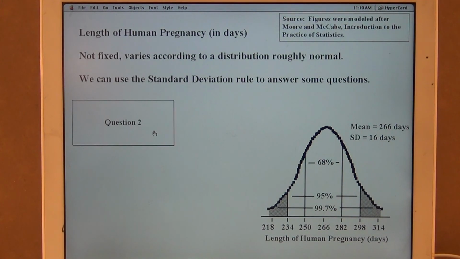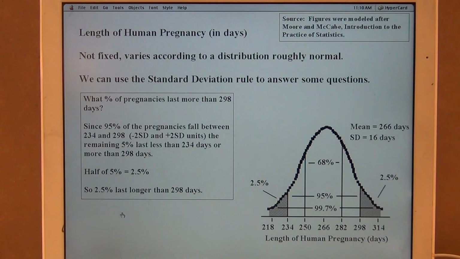Next question. What percent of pregnancies last more than 298 days? Okay, well, 298 days is 2 standard deviations above the mean. And we know that 95% fall between negative 2 standard deviations and positive 2 standard deviations.